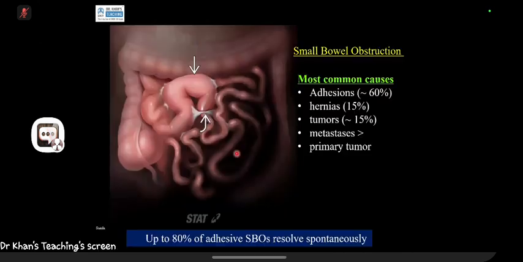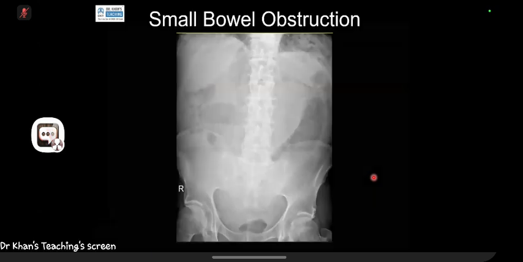Now, the most common cause for small bowel obstruction is adhesions, but there are others. Please remember that 80% of adhesive small bowel obstruction resolves spontaneously. That is why surgeons love to send it to us to give gastrografin, and at times it becomes therapeutic. The patient just treats himself or herself.